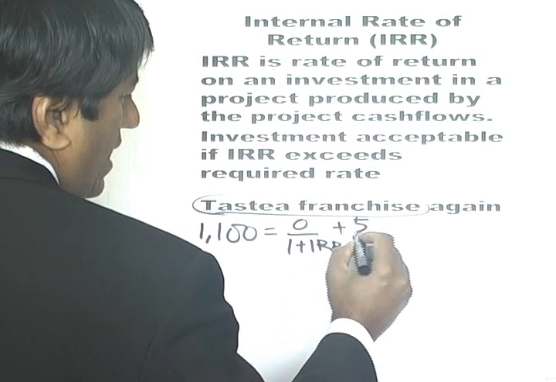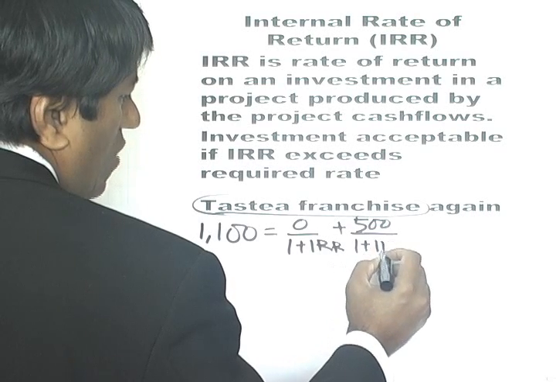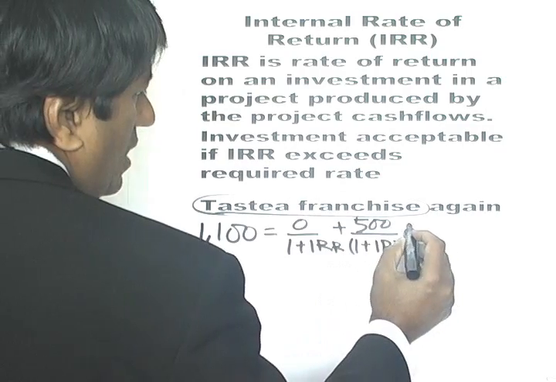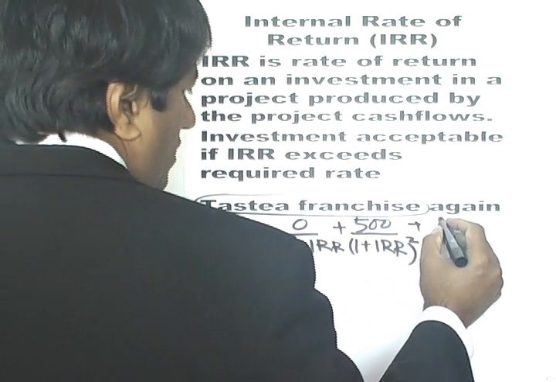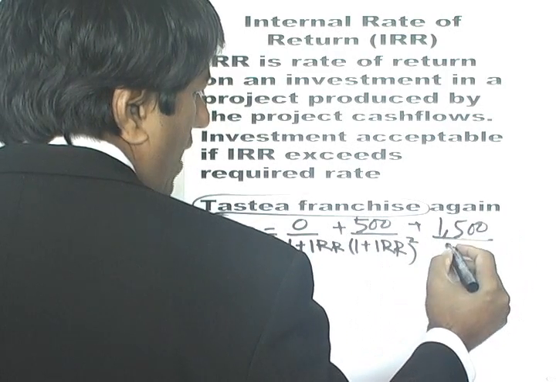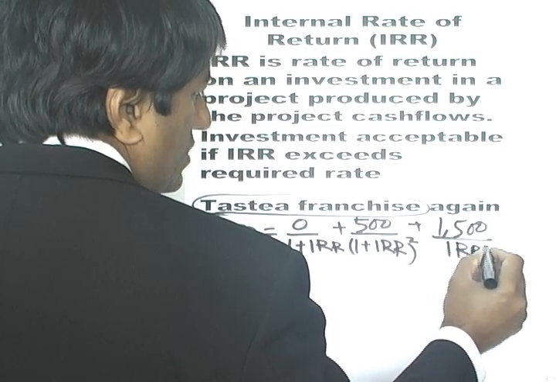The cash flow for the second period was 500, which you discount for 2 periods. And the cash flow for the third year was 1,500, which you discount by 3 years.